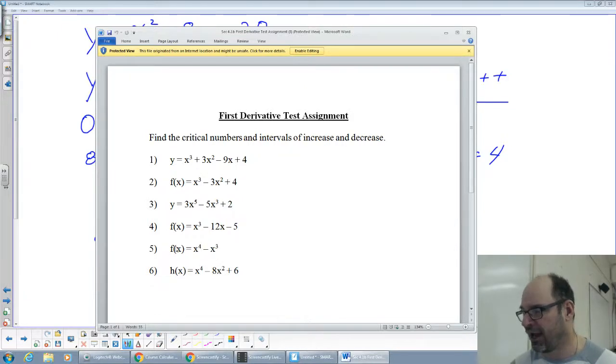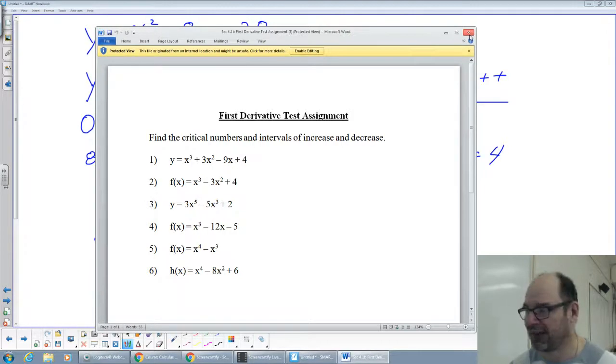If you can't factor something, you might have to use the quadratic equation, but most of these should factor. It just says find the critical numbers and the intervals of increase and decrease. I don't like that as much as find the maximum and minimum, but increase and decrease would still give you the maximum or minimum, as long as you do it correctly.